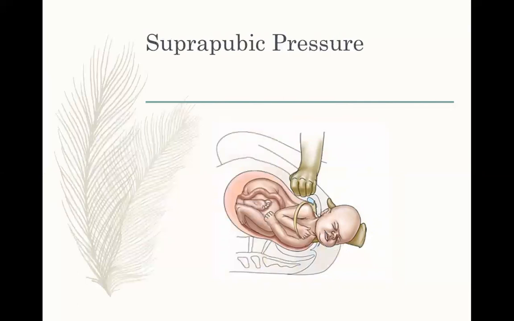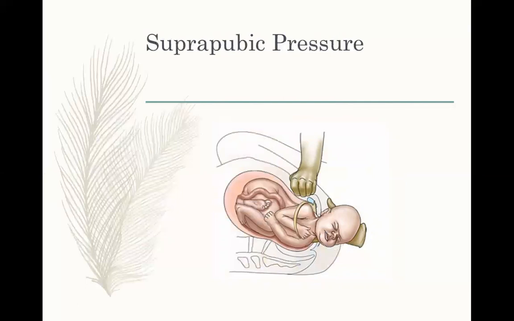It's very loud in these rooms when we have a shoulder dystocia. Tons of people are screaming at mom to push harder, harder, harder. And if, say, I'm the primary nurse, I just look at the doctor and I say, would you like suprapubic pressure? And they say yes, and we move forward. It's very quick. It's not a huge process, but it has to come from the doctor. It's not a decision that the nurse can independently make.